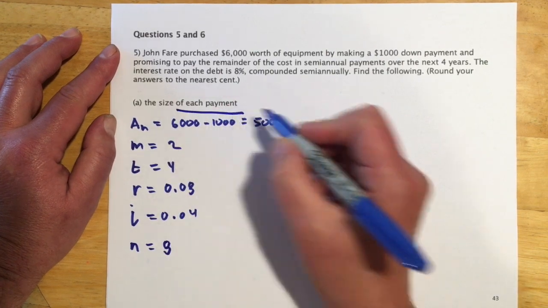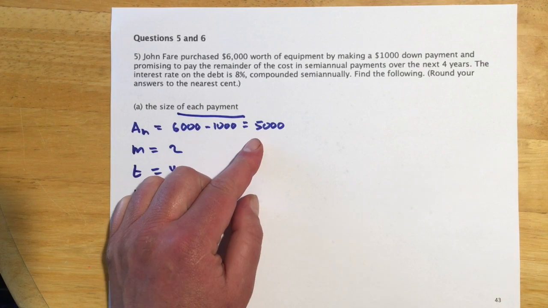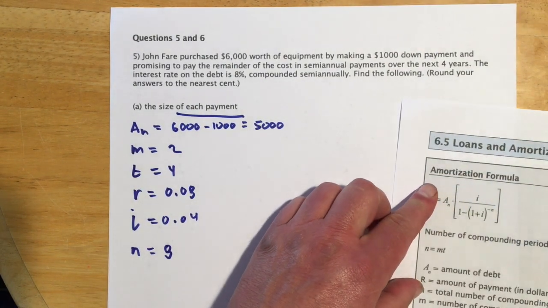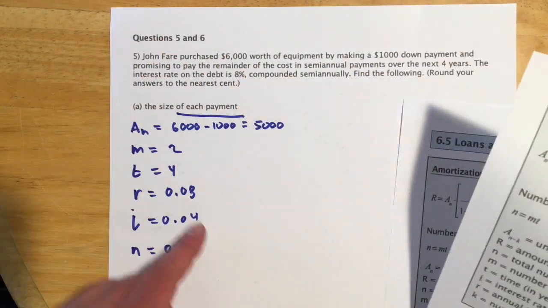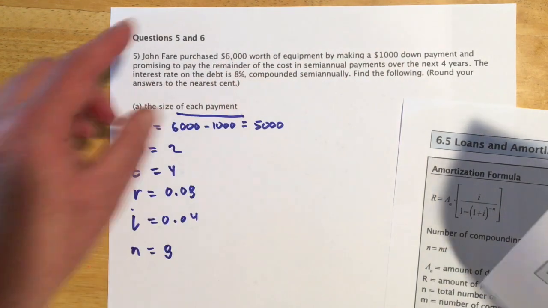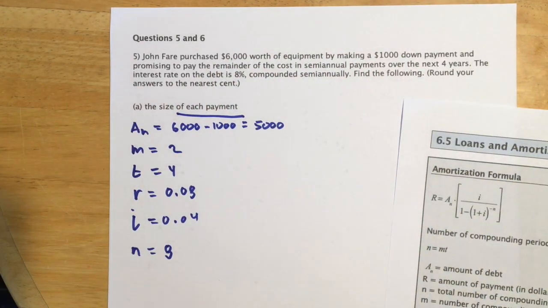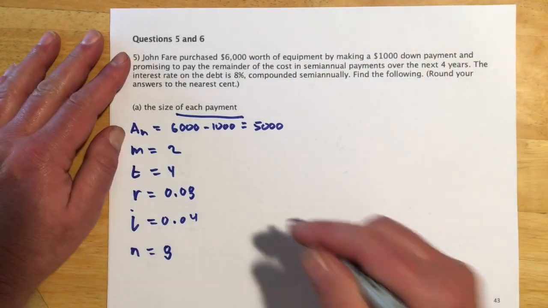And so this one we're trying to find the size of each payment, and what we have is the A sub N, so this is where we're going back to our plain amortization formula, because we have this one that does unpaid balance, but there's nothing here about unpaid balance. We made a down payment, we financed $5,000, and then that's our terms. So that's just a regular old loan, so that's going to send us back to this formula.